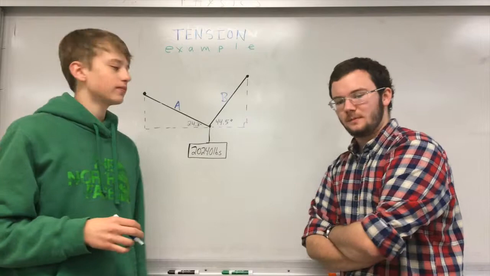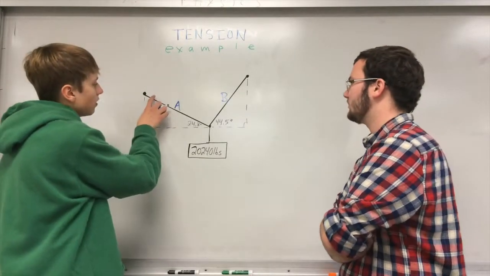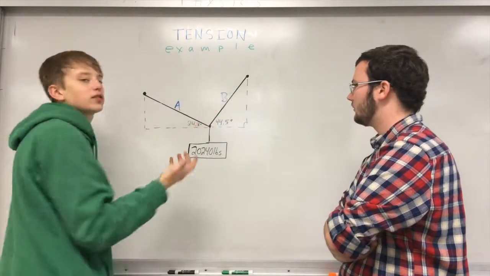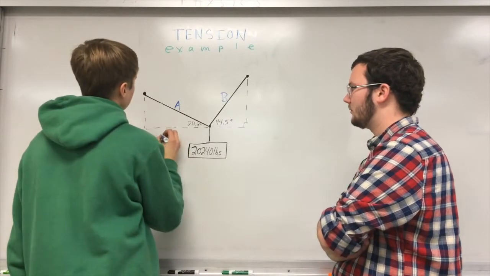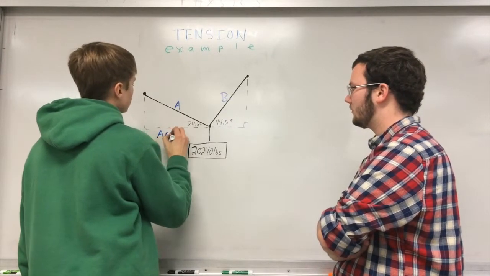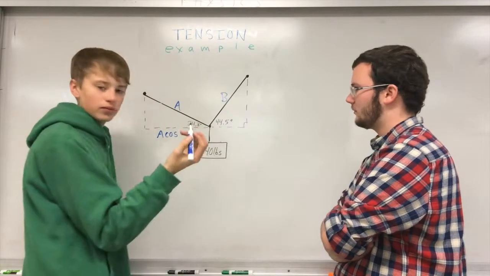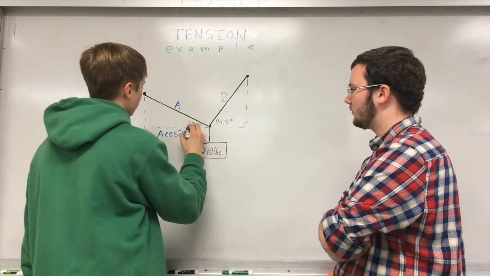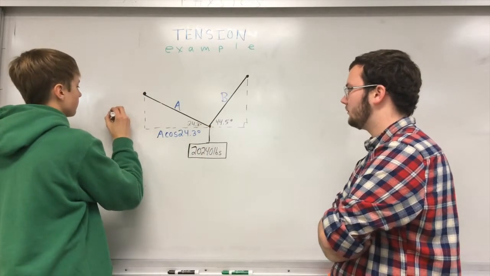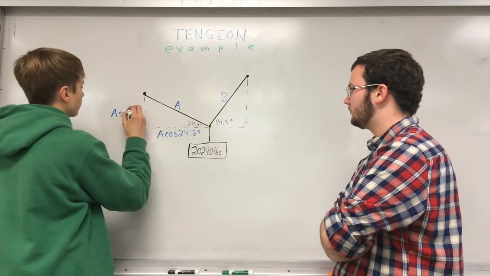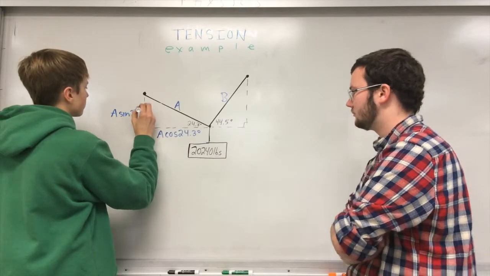For this problem, we have the same kind of thing, two cables a and b, with slightly different angles now. If you remember, this is a cos of theta, which is 24.3 degrees in this case, and then this would be a sine 24.3 degrees.